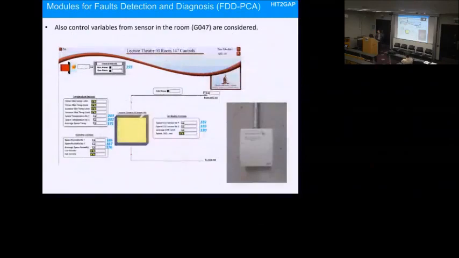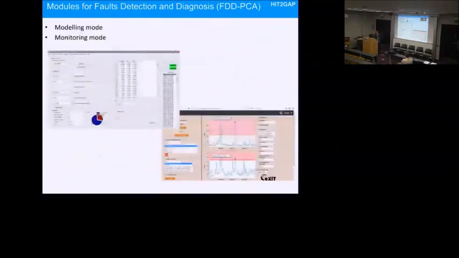We consider data points in the air handling unit and data points in the room about indoor comfort conditions used to control the air handling unit. And then we use the software in the 2 operation modes.